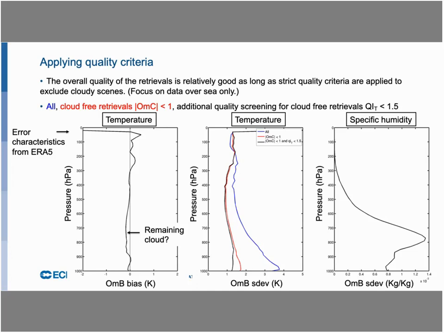And then at higher levels, there is a very strong negative bias in the upper stratosphere, and we found out that this is actually inherited from the training dataset from ERA5. So depending on which model version you compare the retrievals to, if you compare to the same model version which is used for ERA5, the bias goes away. If you use a newer version than ERA5, which has been done in this study, there is this negative bias.